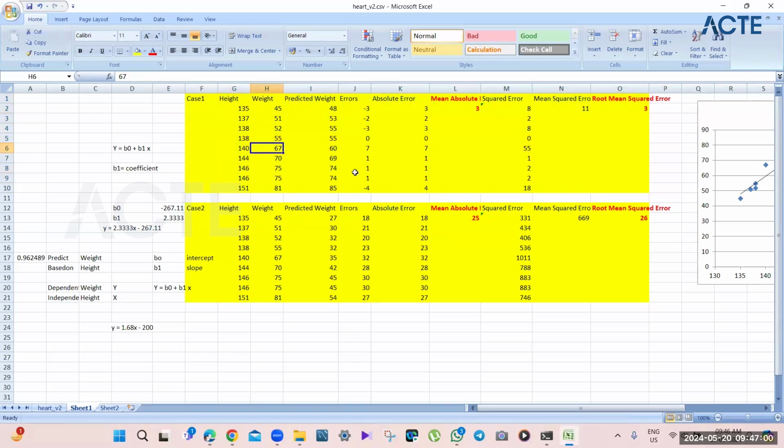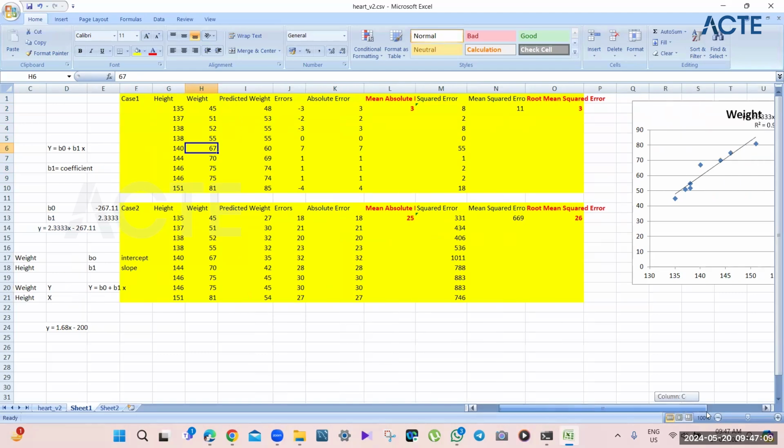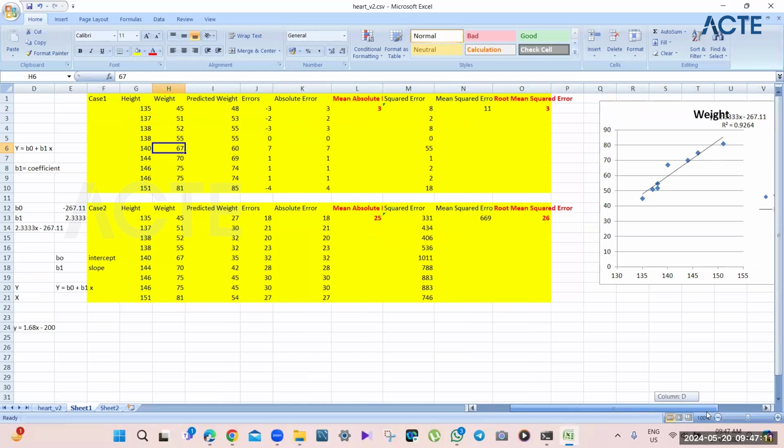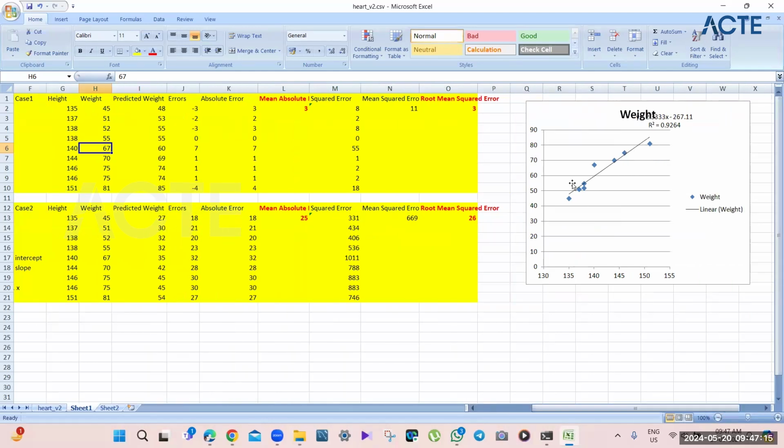Next, we have to test it on some unseen data. Or at this point, we can say this is our model. So our model has been built, and this is the more accurate line, and these are the equations.